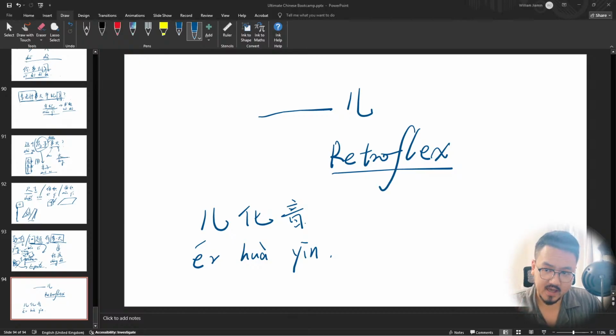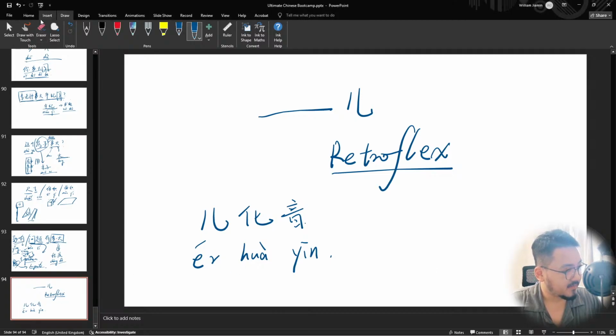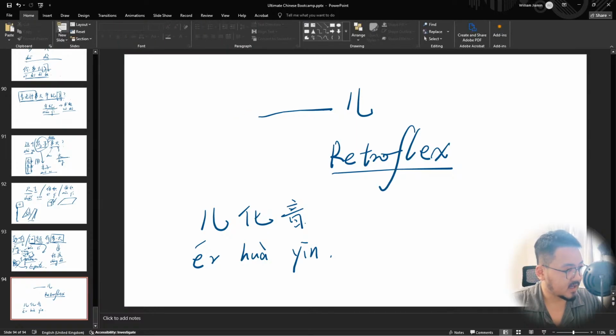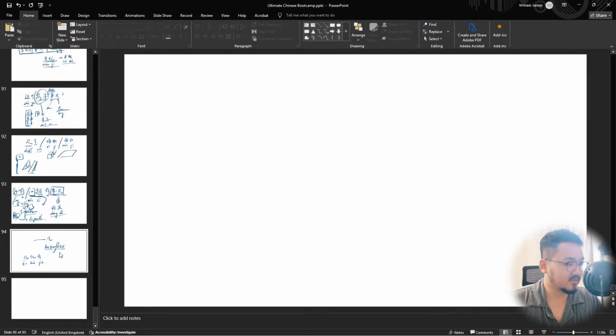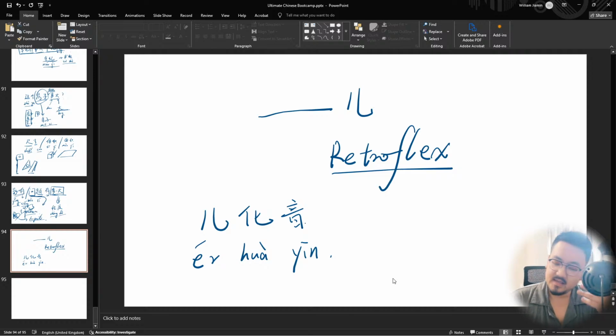Northern accents, especially like Beijing, Tianjin and so on, have this 儿化音, and they set that as the standard for 普通话.